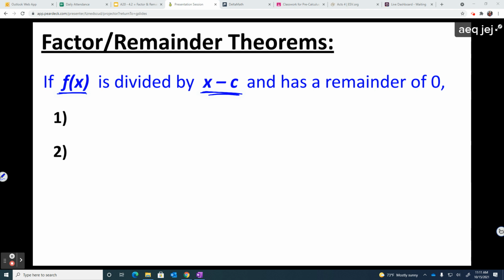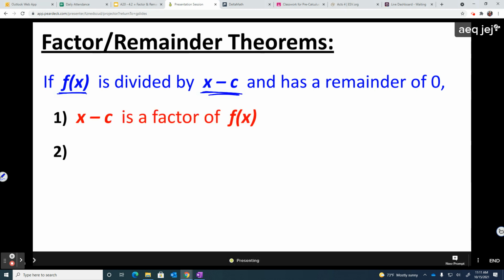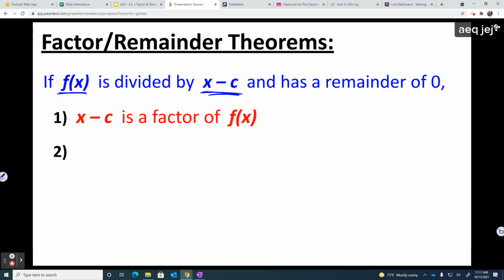If you've never seen synthetic division before, this might be a little bit new. But if you have, then it's basically just synthetic division. So we're going to take a polynomial, divide it by a factor, and if we get a remainder of 0, that tells us that factor is a factor of the function.